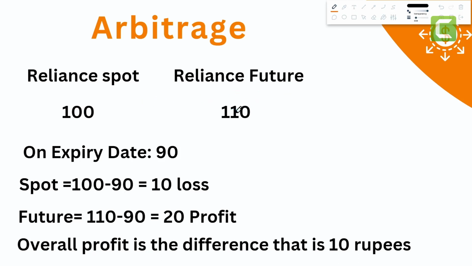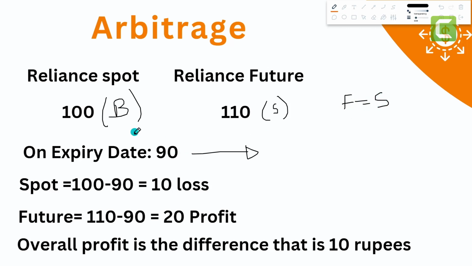Usually we don't see this much difference, but for example purposes, you buy Reliance spot and sell one lot in the future. We're going to see the calculations too. On expiry day, as we have seen in the futures price formula, F equals S on expiry day.